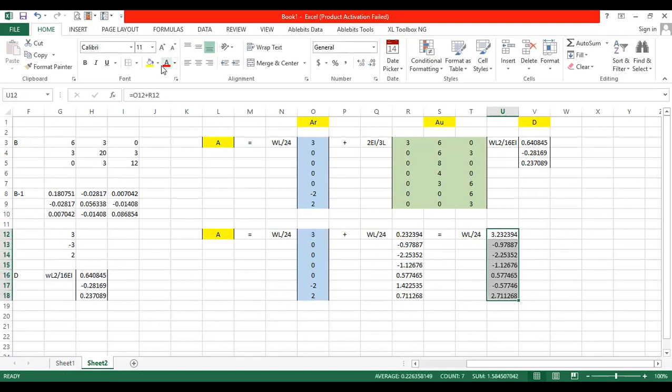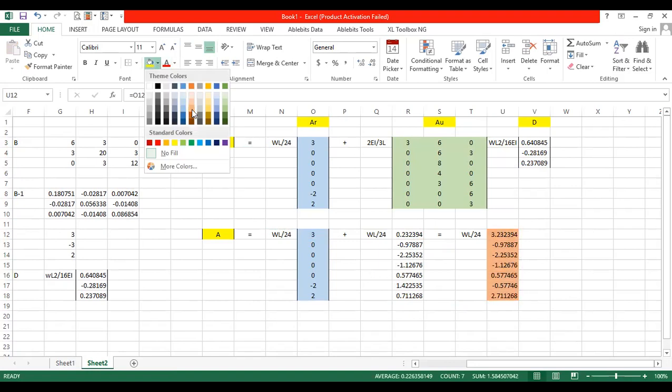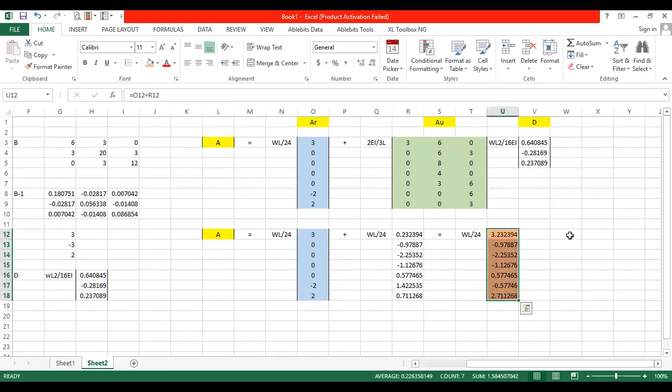So this is your answer, right? So you can just take WL out and divide everything by 24. This is the coefficient. Okay. So these are your bending moment values.